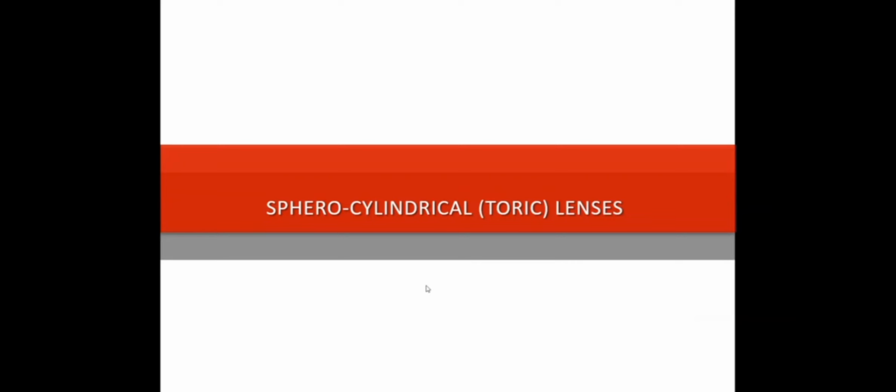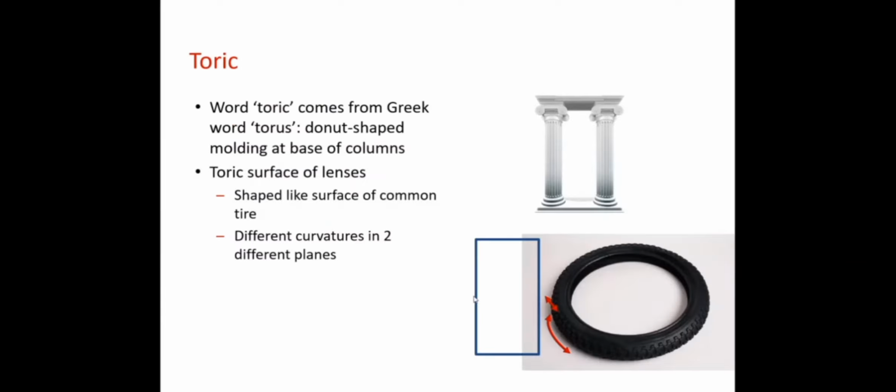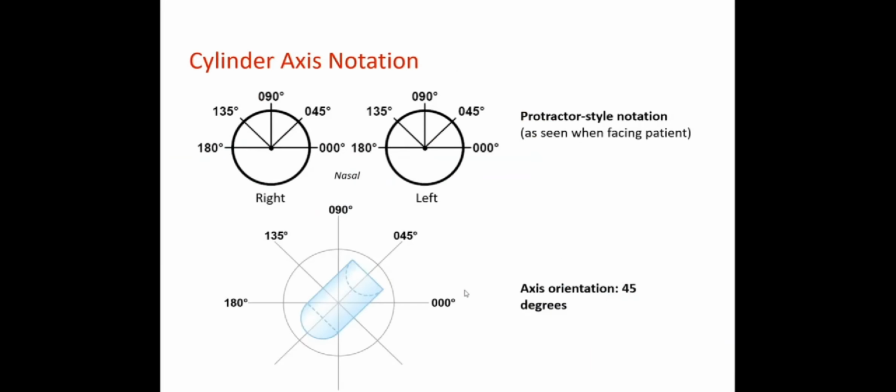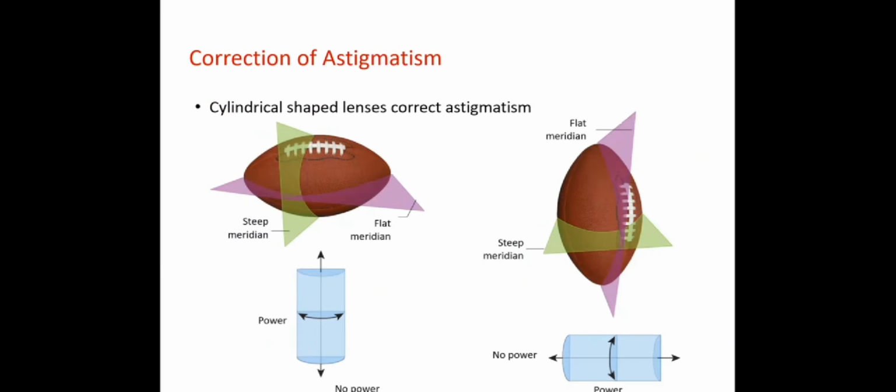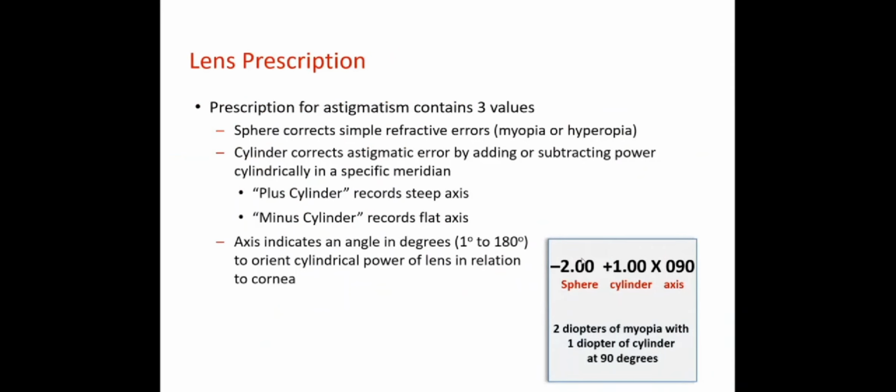So how do we represent astigmatism? Astigmatism can be represented simply by spectacle correction, and when we talk about spectacle correction, we talk about spherocylindrical lenses. Correction of astigmatism using sphere and cylinder uses two different types of lenses: one is a spherical surface and the other is a cylindrical surface.